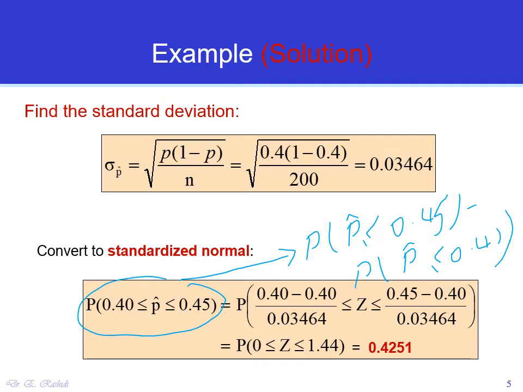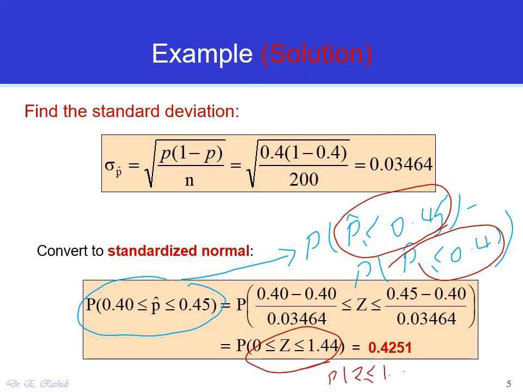So you convert these to the Z distribution and find the probability. This would be equal to the probability that Z is less than 1.44 minus the probability that Z is less than 0. You find these two values from the Z table, then you subtract one from the other, and it gives you the total probability.